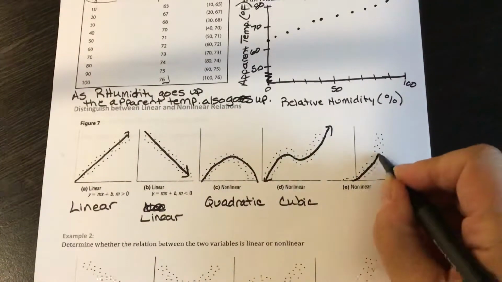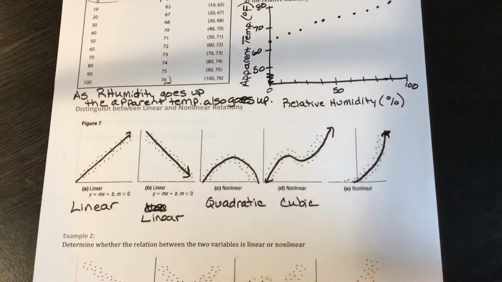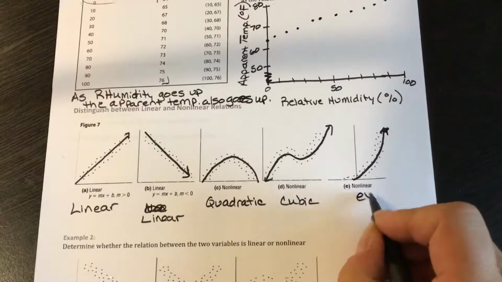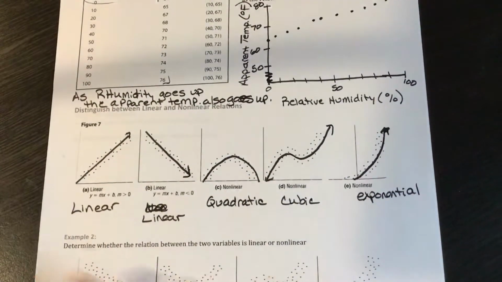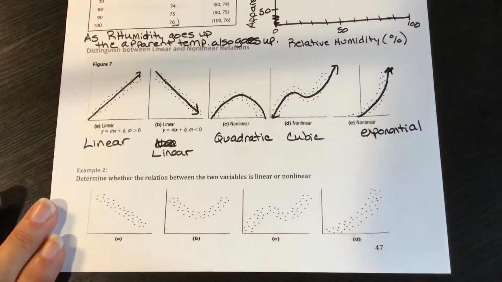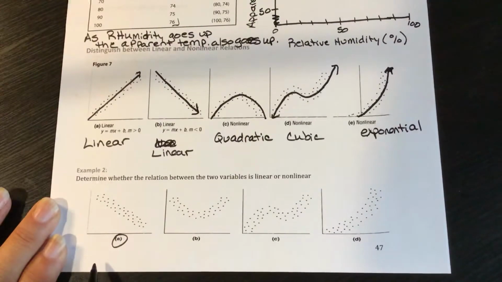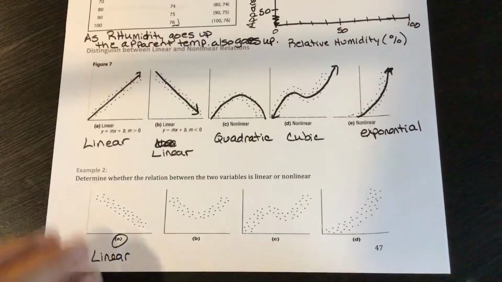And this one right here, we didn't talk about these in our functions, but this one looks exponential. All right, so determining this, part A is the only one that I see that is linear, and the other ones are not.